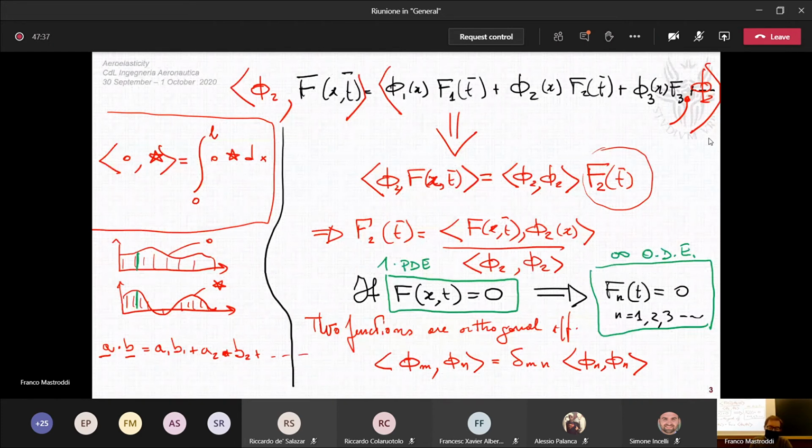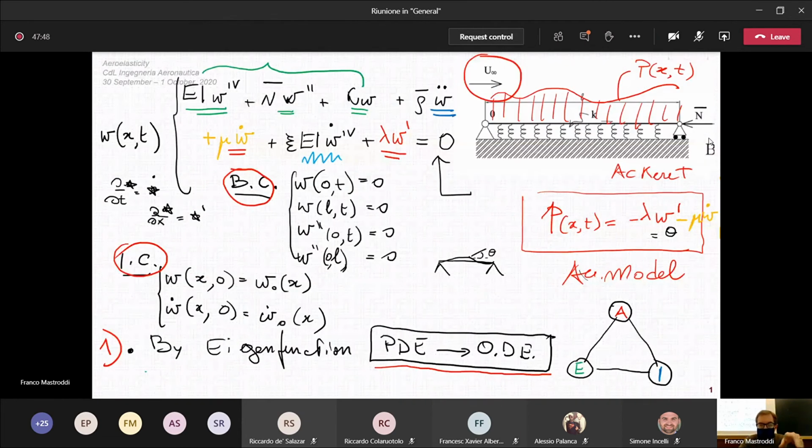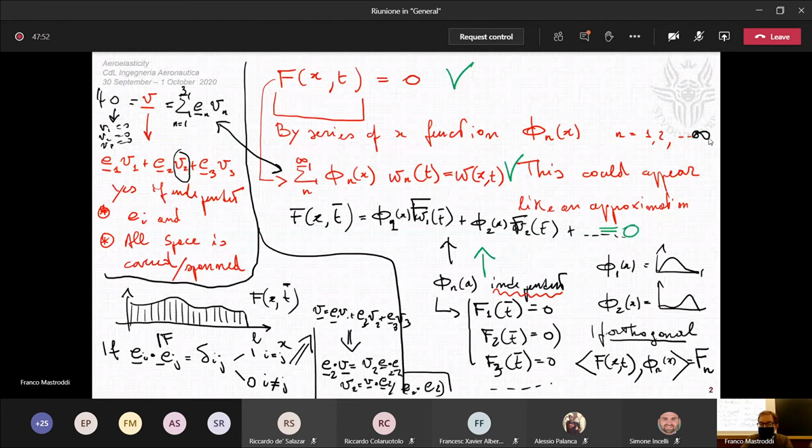Now there is an important, and now I can pass to part 2 of this discussion. In this part 1, we have essentially introduced a generic set of orthogonal functions, and we have demonstrated that if we have a set of infinite orthogonal functions, orthogonal is better than independent, is orthogonal.